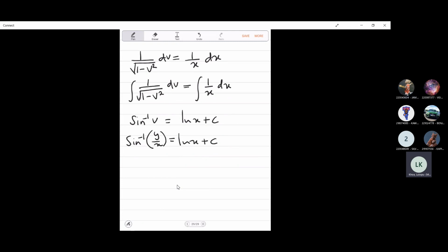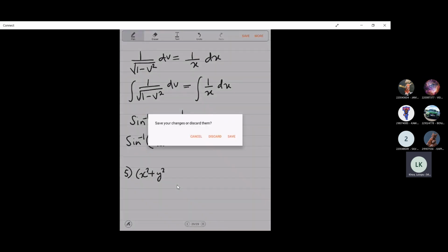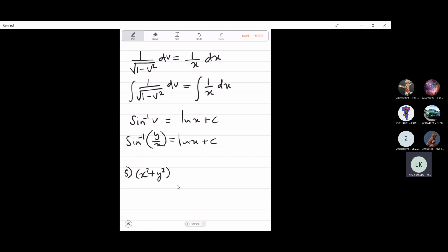And let's look at number 5. We have (x squared plus y squared) dx plus 2xy dy is equal to 0.